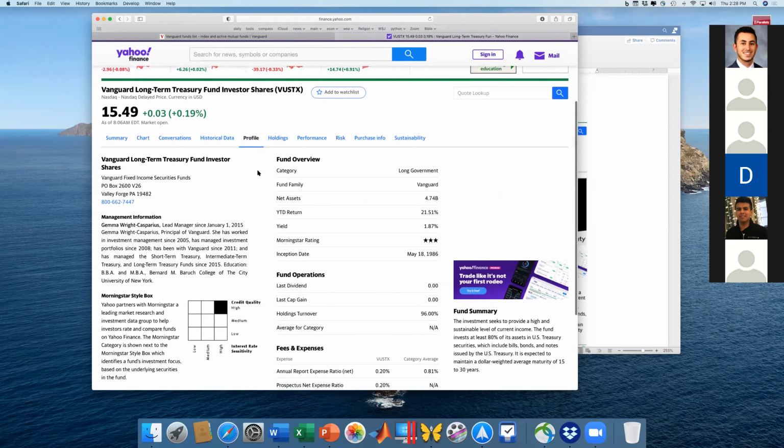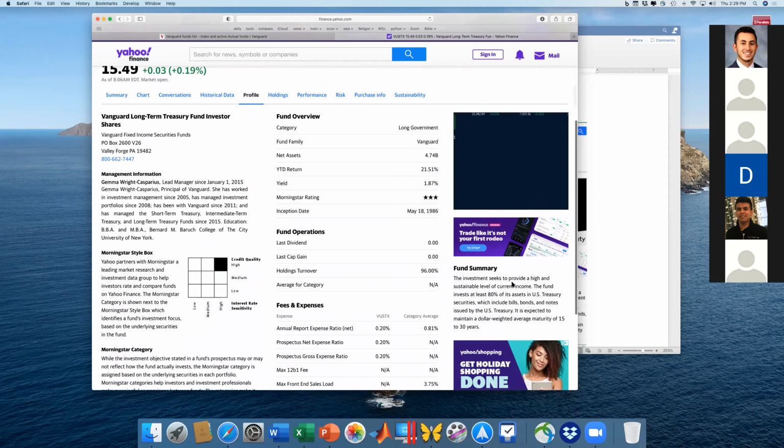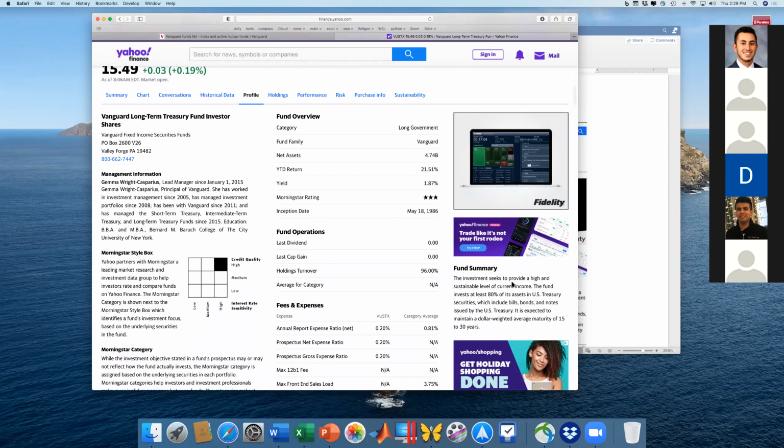All right. First off, here's the fund summary. This investment seeks to provide high and sustainable levels of current income, and it invests 80% of its assets in U.S. Treasury securities, which include bills, bonds, and notes issued by the U.S. Treasury. It is expected to maintain a dollar-weighted average maturity of 15 to 30 years. That's what gives it its long-term nature.